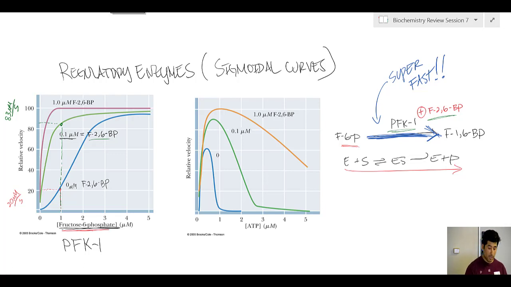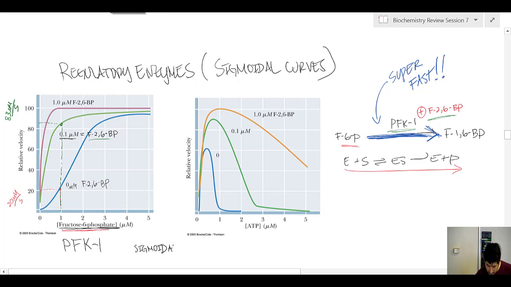So here's what I want you to note, and this is the most important thing. This sigmoidal curve is due to cooperativity. We'll go into that in just a little bit.